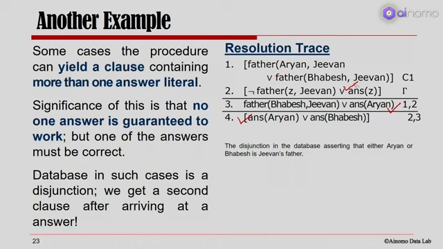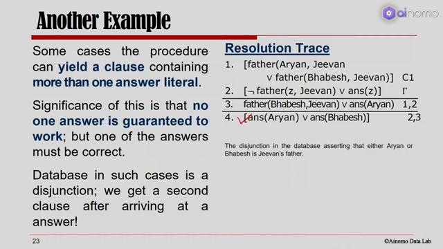And this is something that one needs to understand, that in some cases the answer extraction procedure can yield a clause containing more than one answer literal. In such a case, no one single answer is guaranteed to work, but we need to realize that one of the answers must be correct.